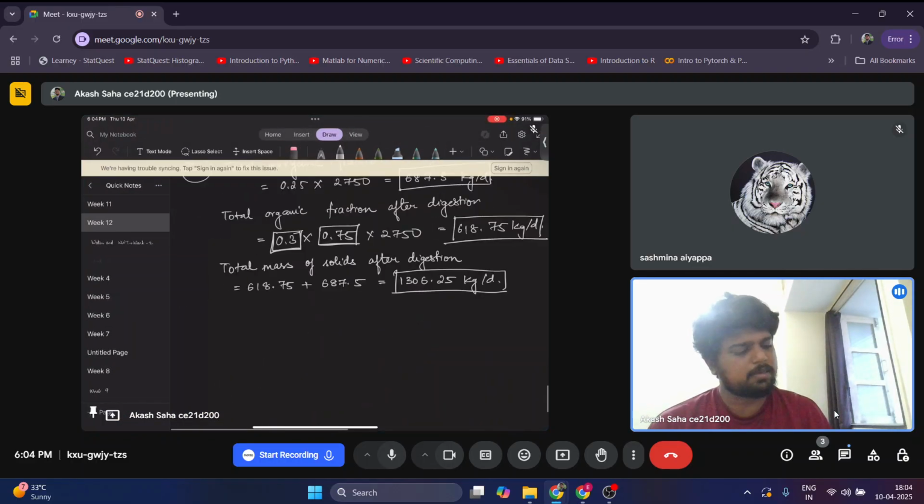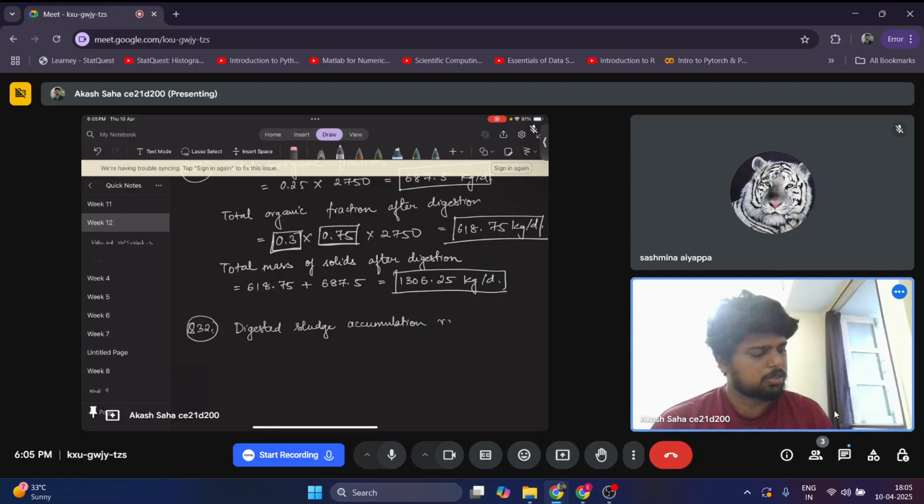So this will be nothing but the digested sludge accumulation rate will be equal to 1306.25 divided by 5% into 1010. Okay, this is the solids percentage, and this is the density.